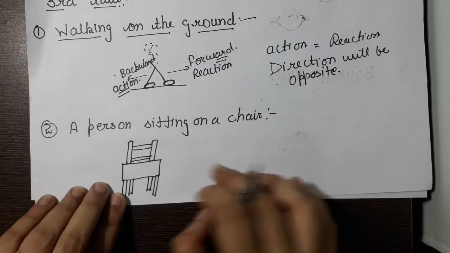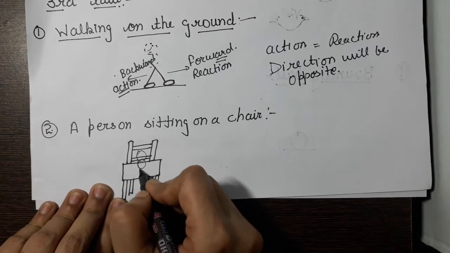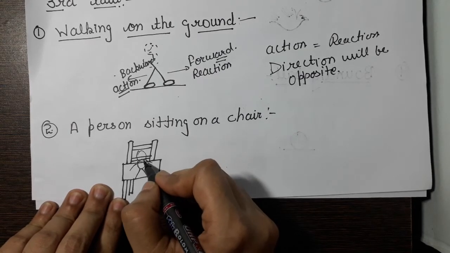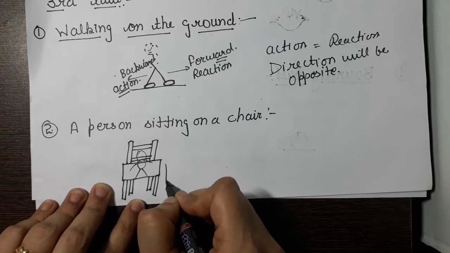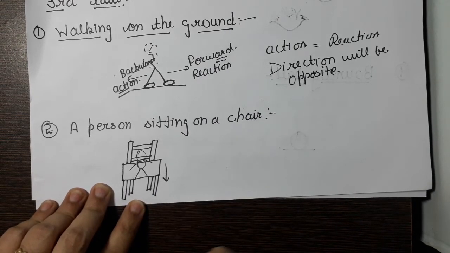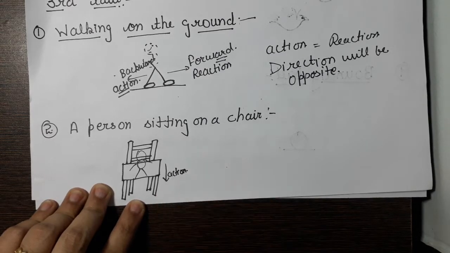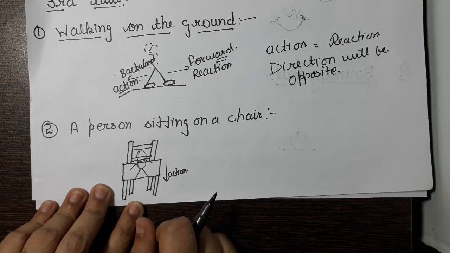Now come to the second example: a person sitting on a chair. Let us consider we have a chair and a person is sitting on this chair. Now this person is applying a force on this chair in the downward direction, and this is the action. There will also be some reaction. What will the reaction be?